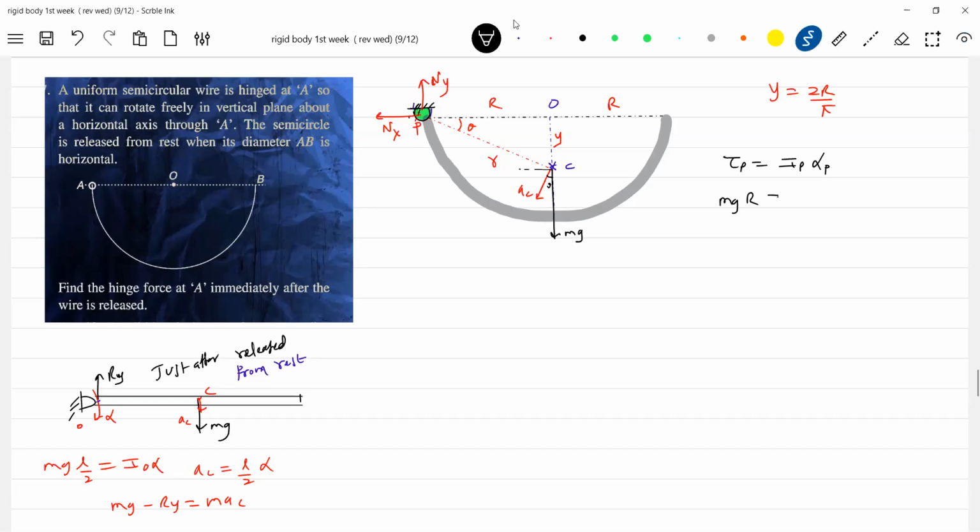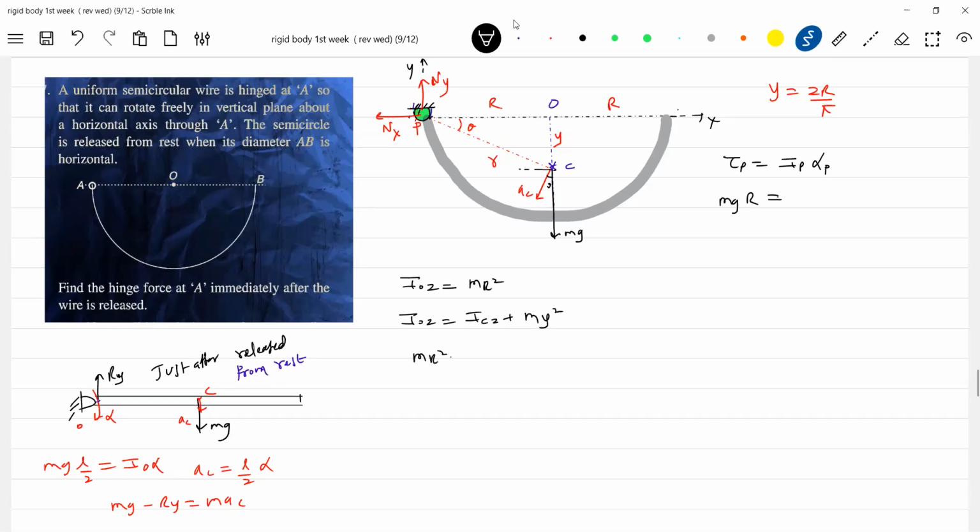So mg into r should be equal to IP into alpha. For that, I should know ICZ. So this is like an x-axis, this is a y-axis, no? So what is IOZ? mr square. So therefore IOZ equal to ICZ plus m into y whole square.